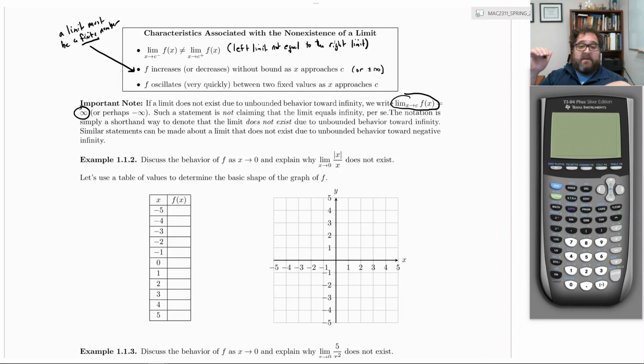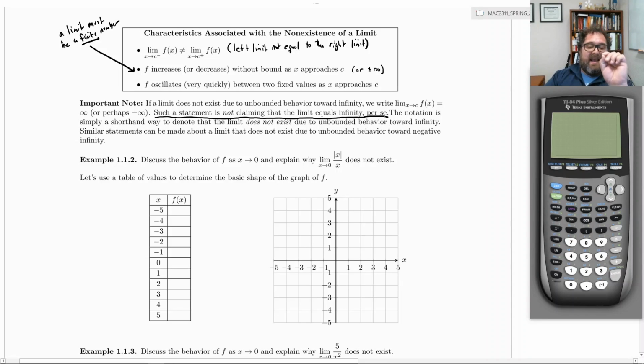Or if the y values get bigger and bigger towards negative infinity, we'll write that the limit equals negative infinity. However, it is very important that we understand such a statement is not claiming that the limit equals infinity. Why? Because the limit must be a finite number.